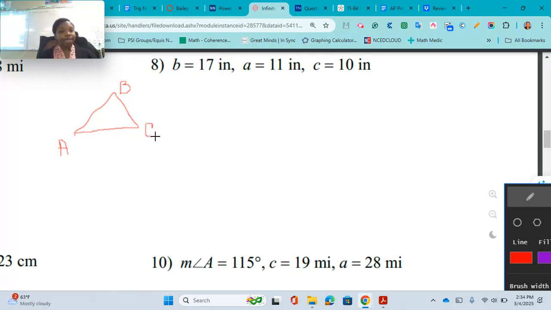All right. So, this will be little what? Little b, because it's opposite from big B. This will be little c, because it is opposite from big C. And this will be little a, opposite from big A. Now, we have the length of little b at 17 inches.